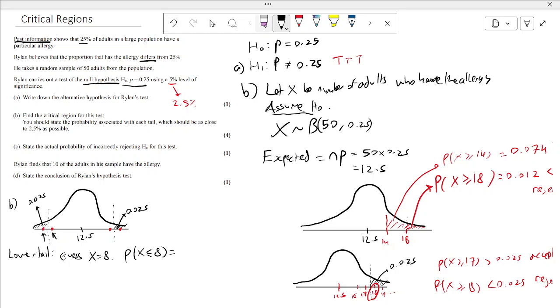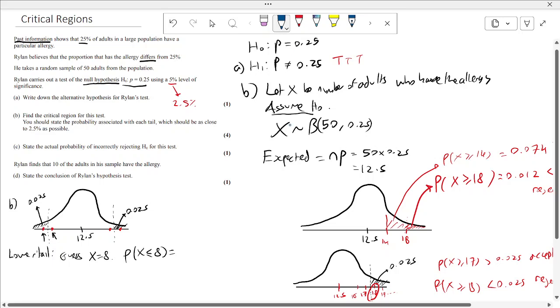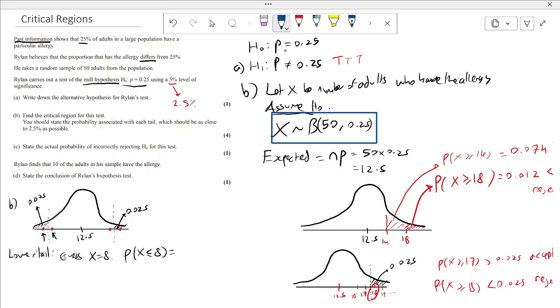Now, the distribution I'm using, remember, x was just binomial, 50 and 0.25. So I can use that in my calculator. It's always going to be cumulative distribution for the hypothesis testing. So I'm going to put x equals 8, n equals 50, and p equals 0.25.